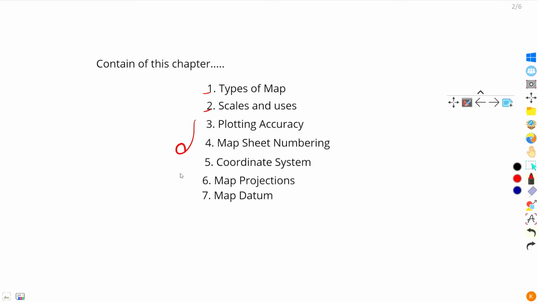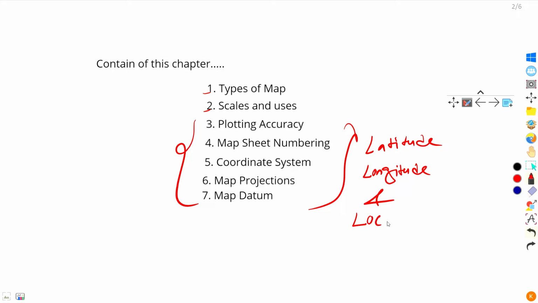For the rest of the portion, we have to know about latitude, longitude and location. Before knowing this, we have to know briefly about this. So if we know these things, then we easily understand the rest of the portion of this module.